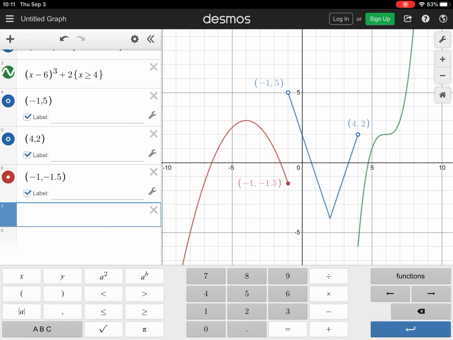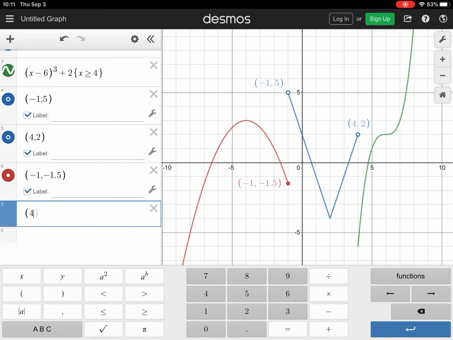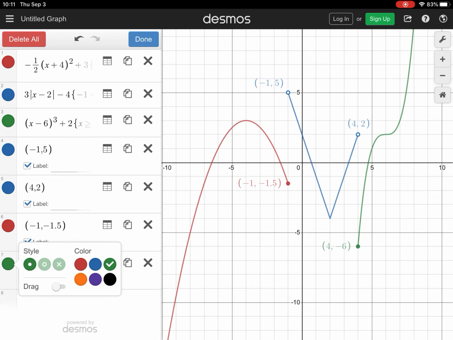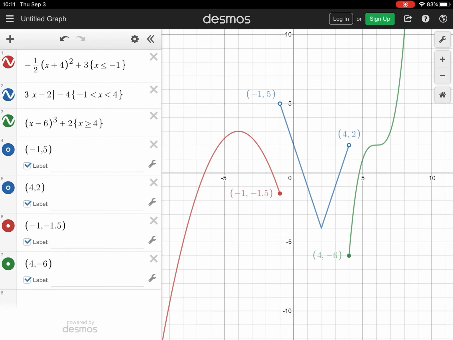And same with the green, 4, -6. I do want to label it. I am going to change it under settings to green so that it matches. And there is my piecewise function.